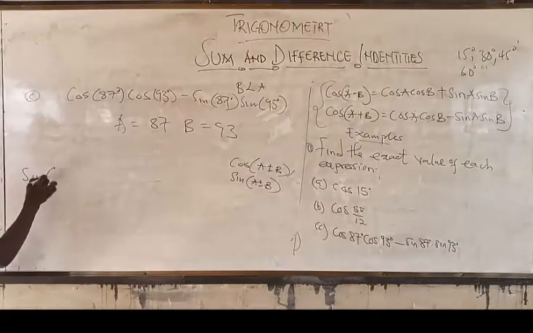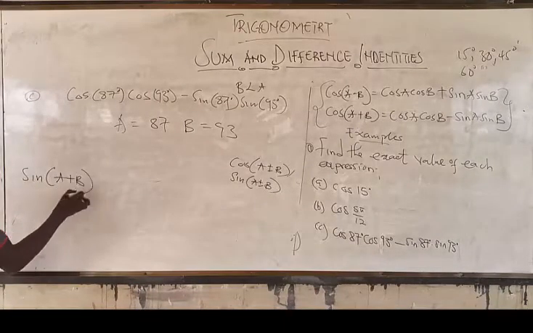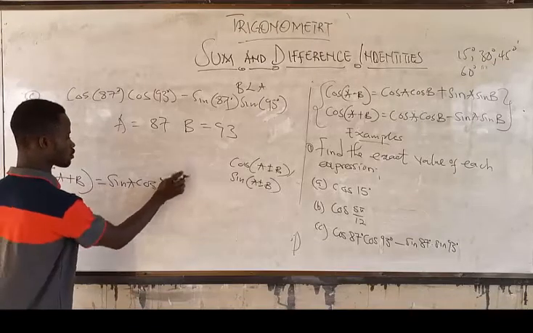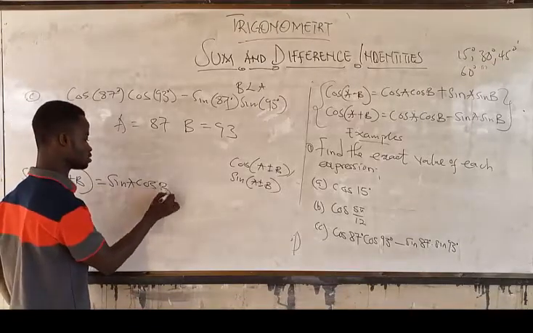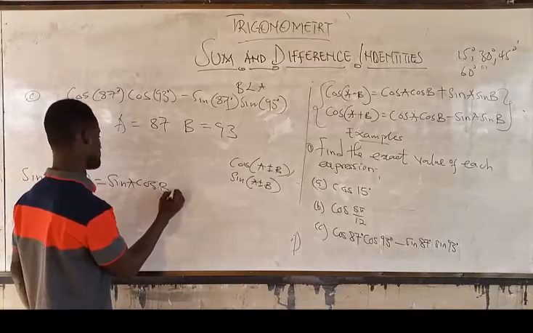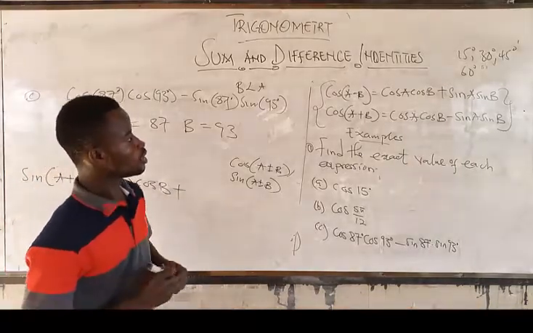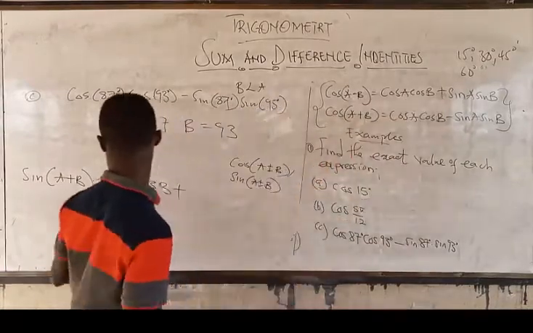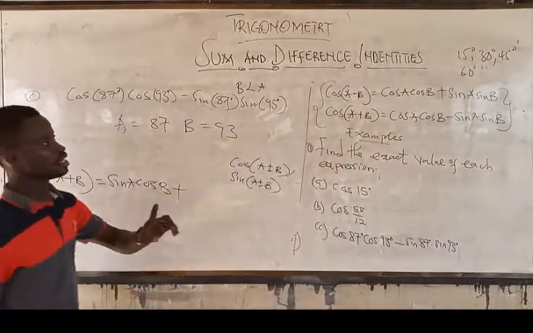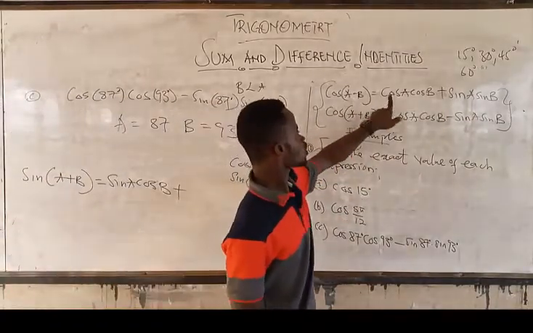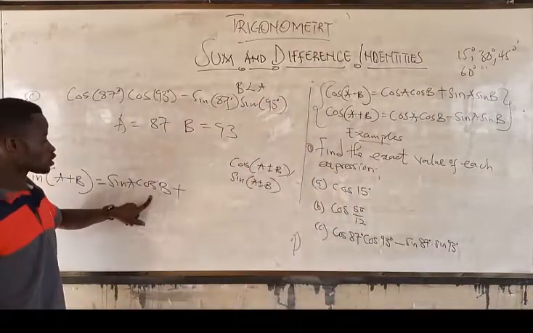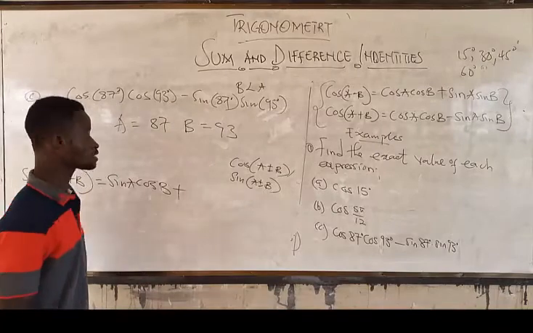So sine of A plus B will be equal to sine A cos B plus cos A sine B. The difference is that for cosine the sign changes, but here the sign doesn't change. Here it is sin, cos, cos, sin. That's how it is.